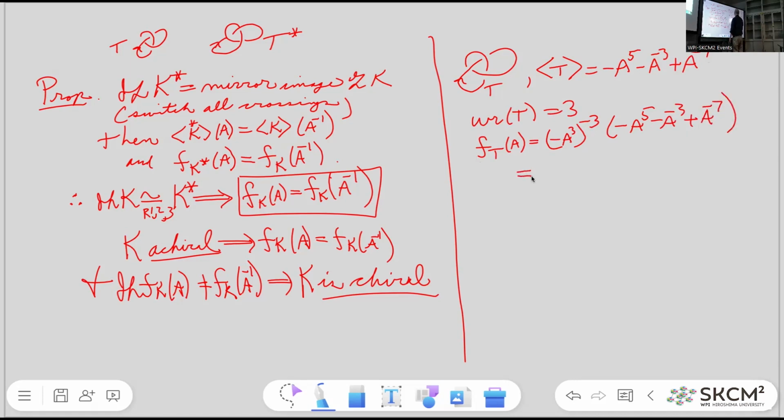So I have to multiply by A to the minus 9 and change signs. I get A to the minus 4, subtracting 9 from 5, plus A to the minus 12 minus A to the minus 16 for the F of the trefoil.